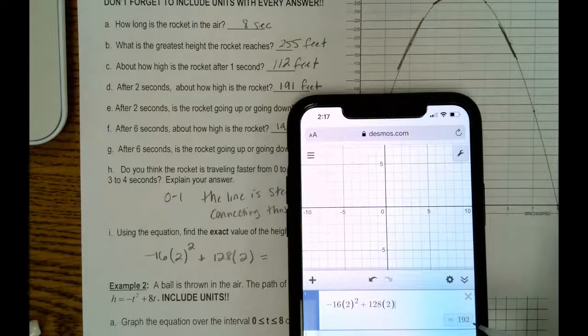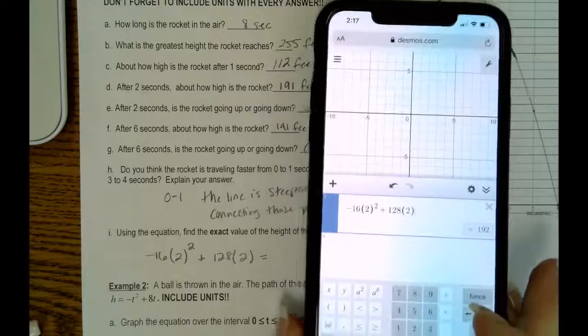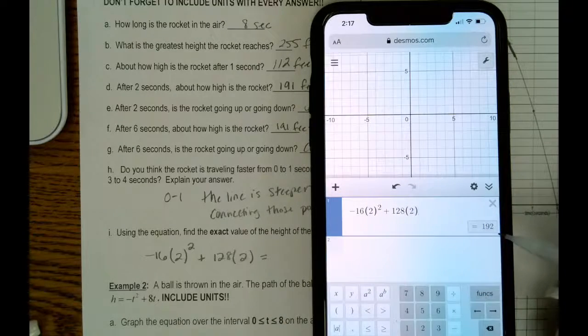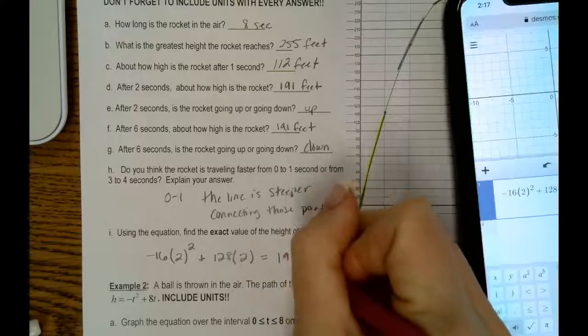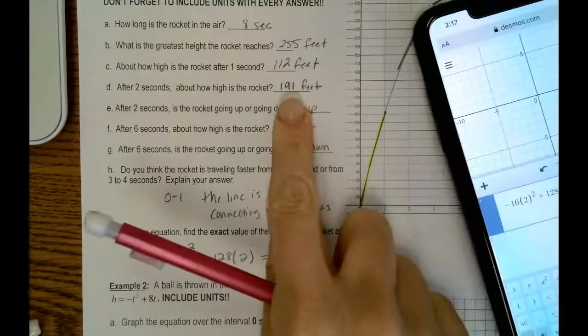Okay, looks like it comes out as, gosh darn it, sorry about that. Looks like it comes out at 192. We were really close at 191 when we were guessing up here based on the graph.